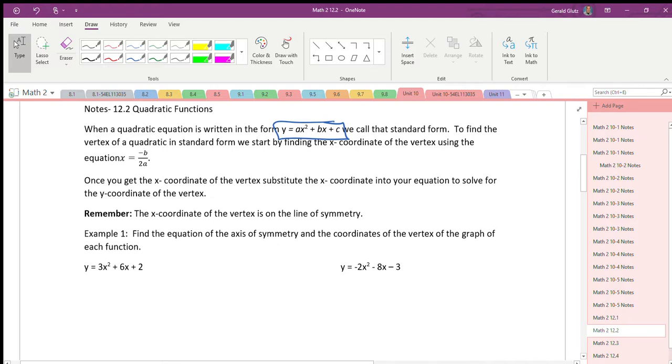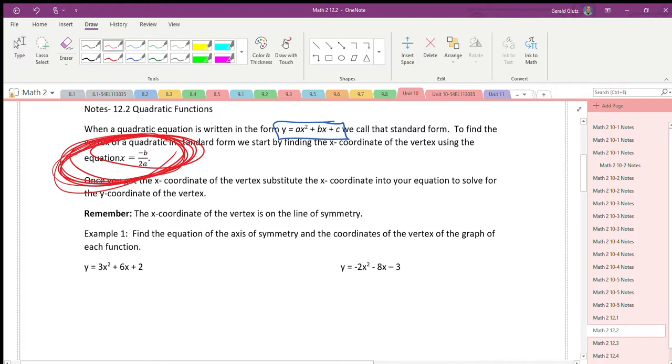So this equation right here is going to be a very important equation. You're going to have to remember this basically for the rest of the semester, because we're going to be using this quite a bit. So whenever you see a standard form, you're going to have to know how to use this.